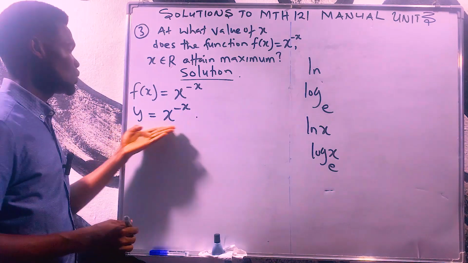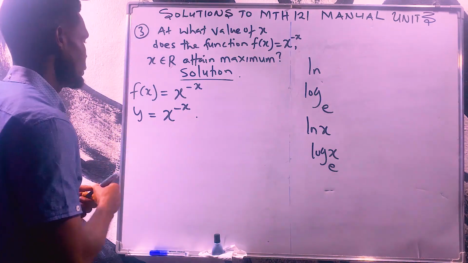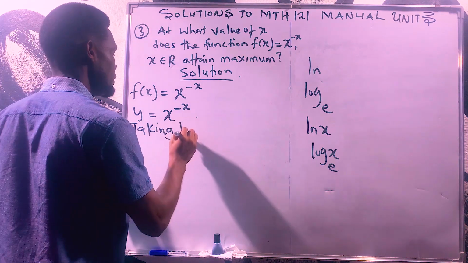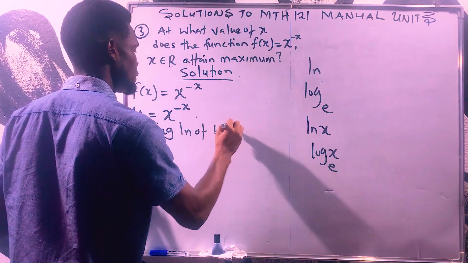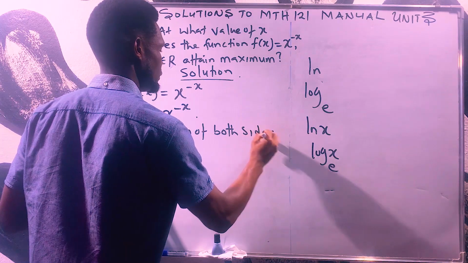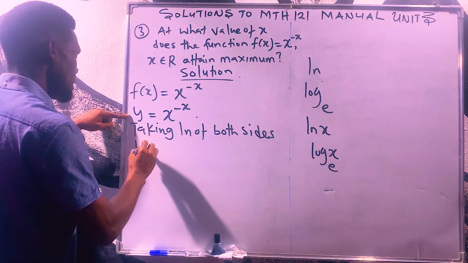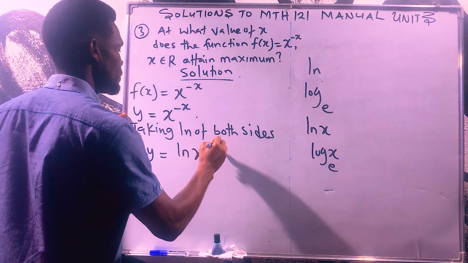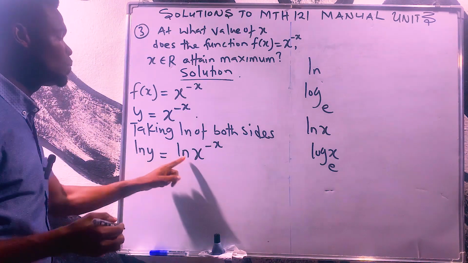All right, so let's differentiate this function by taking ln of both sides. So that means ln y is equal to ln of x raised to the power of minus x. Don't forget, ln means log.